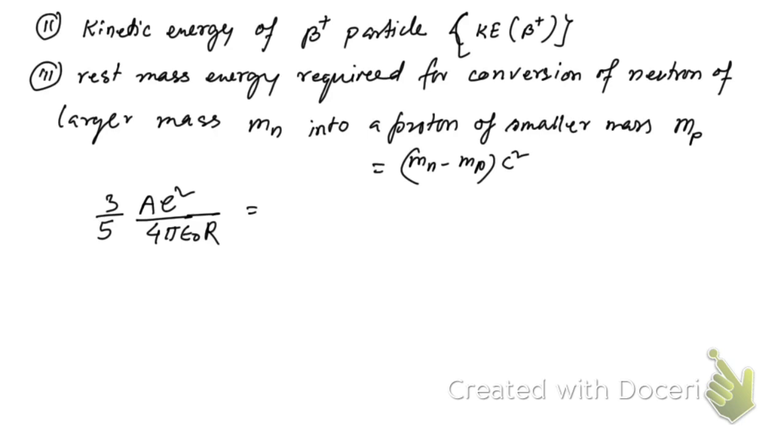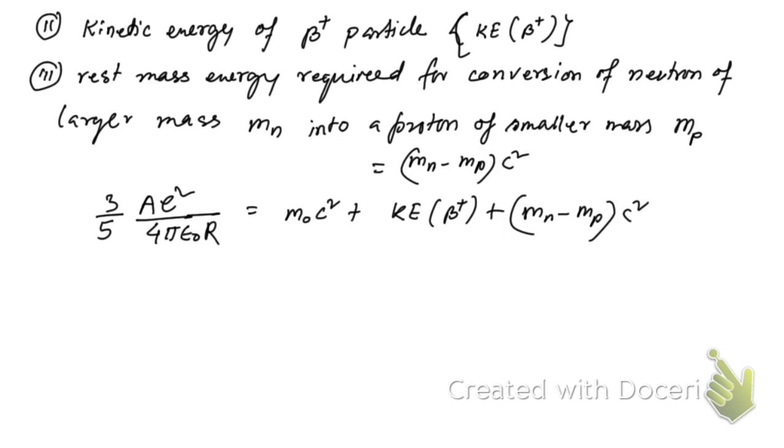Okay, so it can be written as m naught c square plus the kinetic energy of this positron plus (Mn minus Mp) c square.